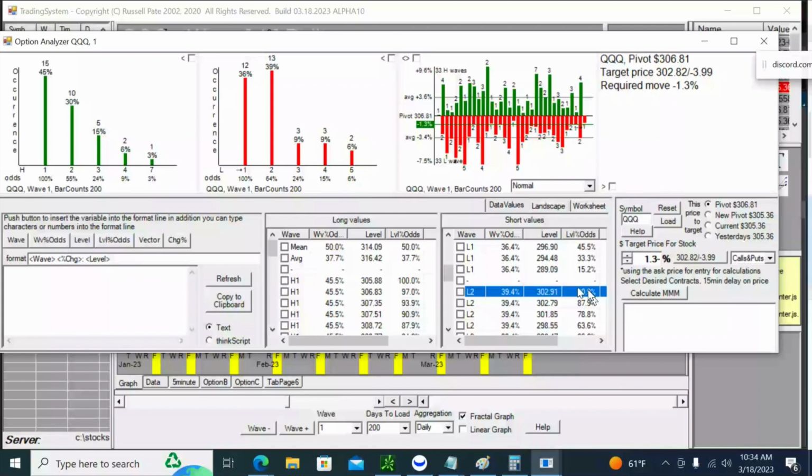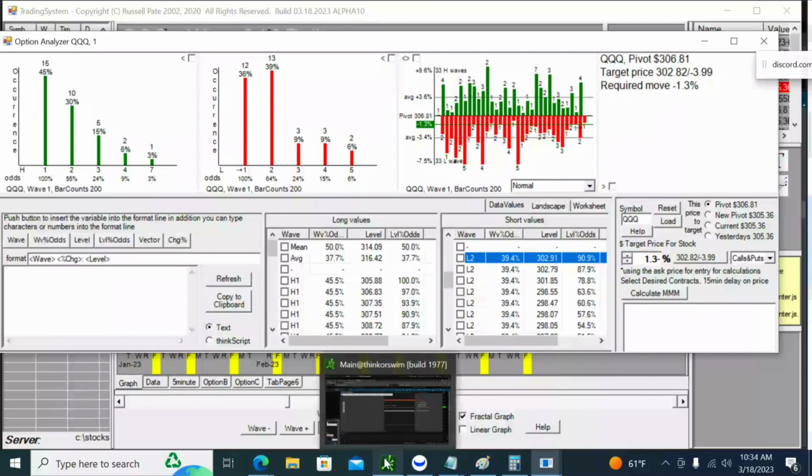In the bracket of L2s, here's our odds based on the past volatility. So we only have a 24.2% chance of hitting 292.74 if we get an L2, and we have a 90.9% chance of hitting 302.91 if we get an L2. So I'm going to add that.